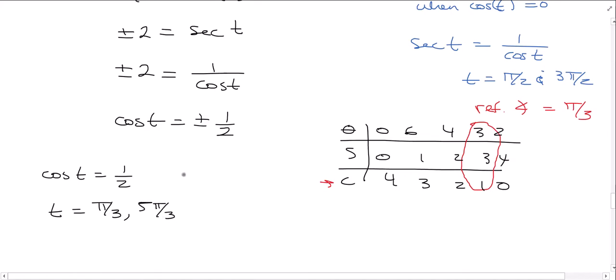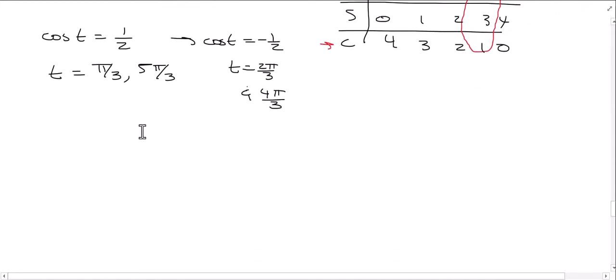And then the other ones will be when cosine of t equals negative 1/2. This will put us in quadrant 2 and quadrant 3. So then t will be 2 pi over 3 and 4 pi over 3. So essentially all the pi over 3's between 0 and 2 pi.